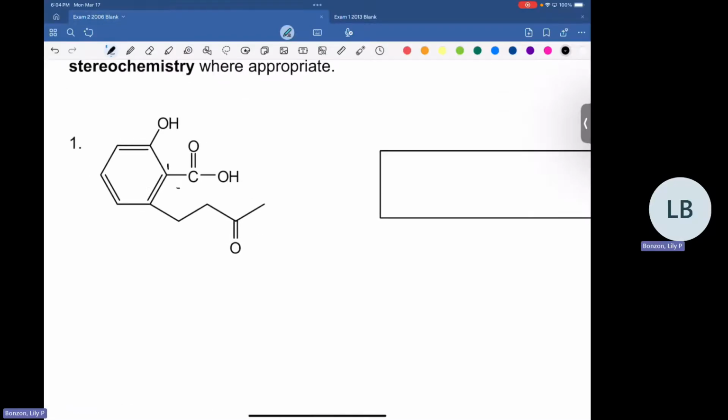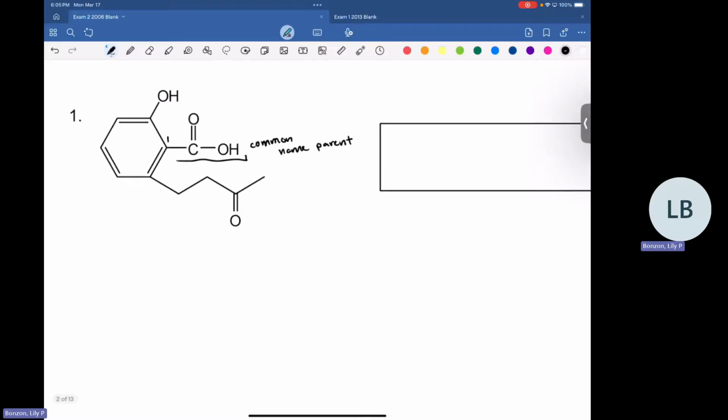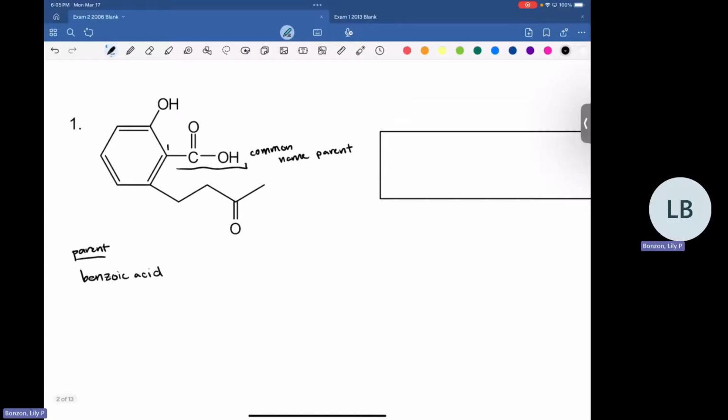And so whenever we choose a substituent to be our common name parent, it's always going to be carbon 1. Then we have our 2 substituents, the OH and that longer ketone, and we'll have to do the nomenclature for those. Just real quick, our parent is benzoic acid. Then we just have our subs that we need to do.